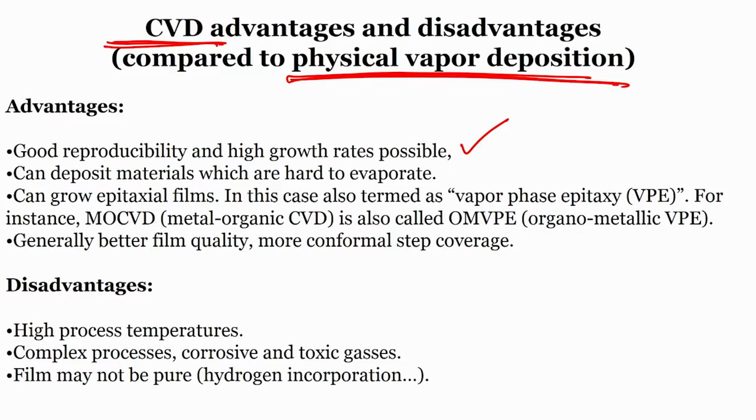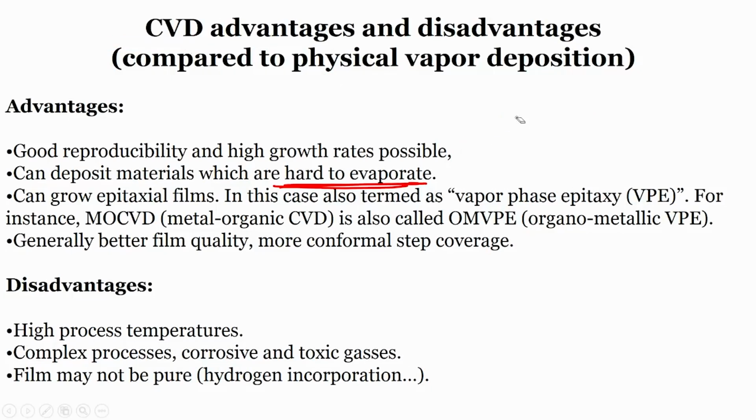Second, we can deposit materials which are hard to evaporate. That is why we deposit silicon dioxide, SiO2, and silicon nitride, Si3N4. These materials are very hard to deposit via evaporation, but if I use CVD, my life becomes easy.